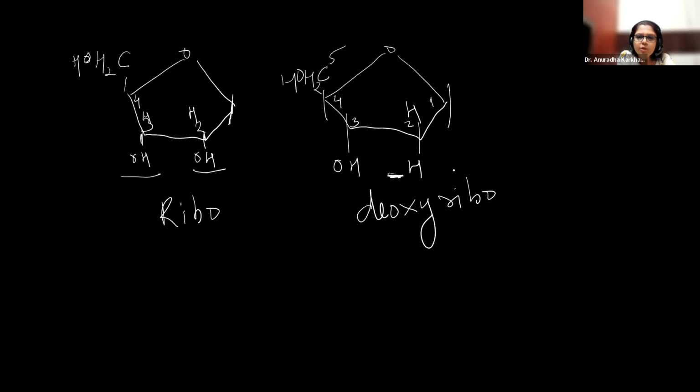So this is your pentose sugar called deoxyribose if one oxygen is less at the second position of the sugar, and if it is having OH then it will be called your ribose sugar. Is it fine with all of you? Still any confusion in your minds? Done?